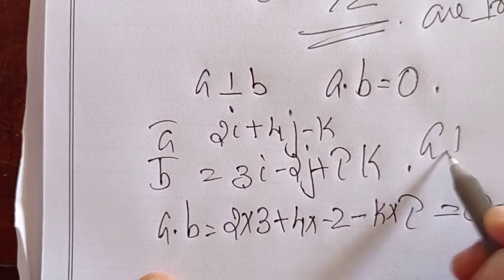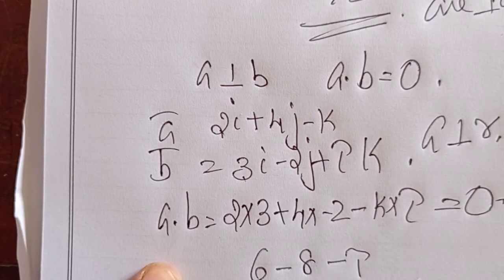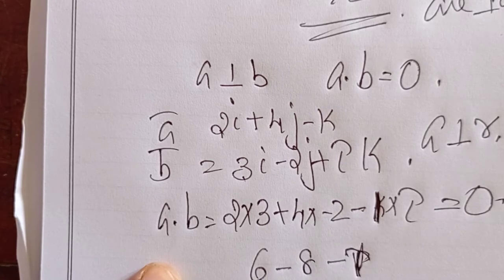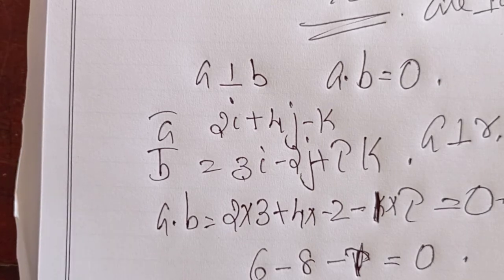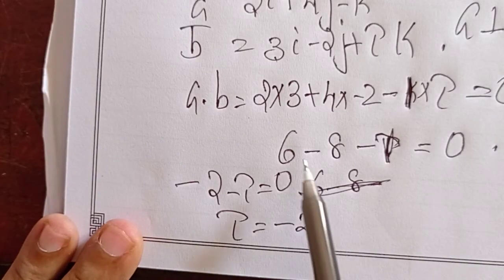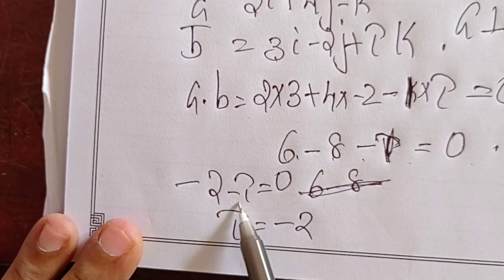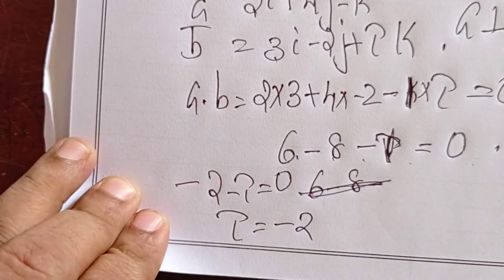Very important, A perpendicular to B. 6 minus 8 minus lambda, not k, here minus 1 into lambda, minus lambda equal to 0. Write the answer. 6 minus 8 minus lambda equal to 0. Minus 2 minus lambda equal to 0 means lambda equal to minus 2 is the correct option.